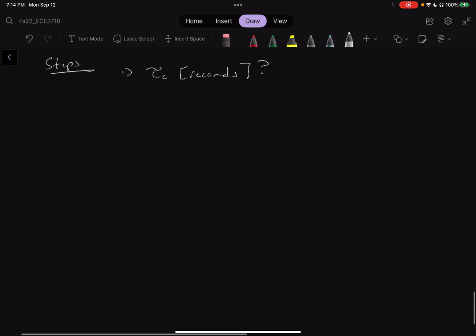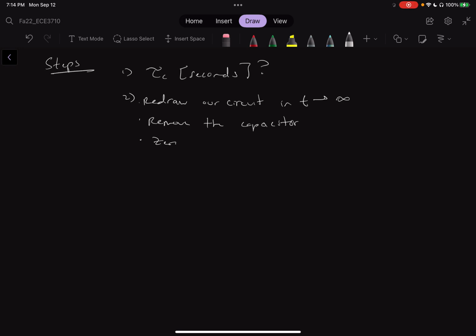How do we do that? We need to redraw our circuit for time approaching infinity. We need to remove the capacitor. We need to zero out all sources.